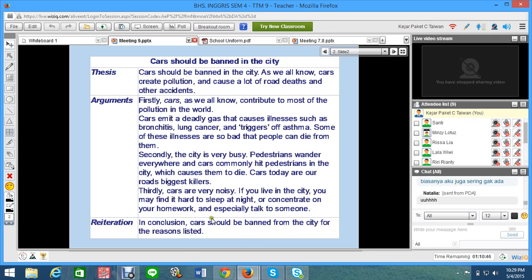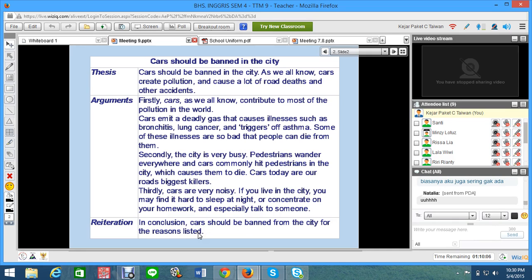This conclusion restates what is stated here and here. First, cars will be banned in the city for the reasons listed. These are the reasons, these are the arguments. So in this sentence it is like the main paragraph. This is the body, and this is the closer.